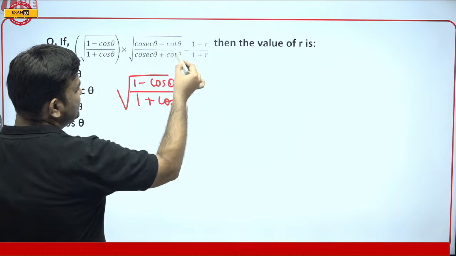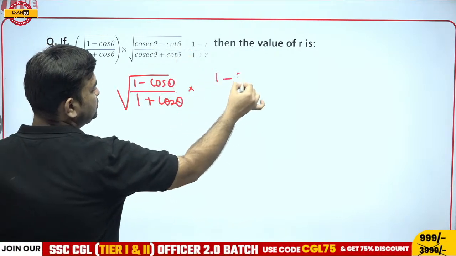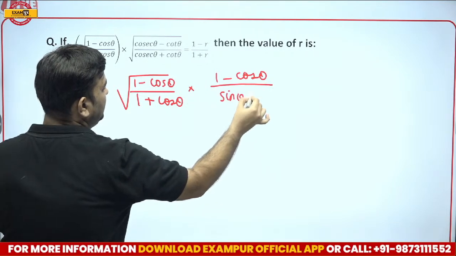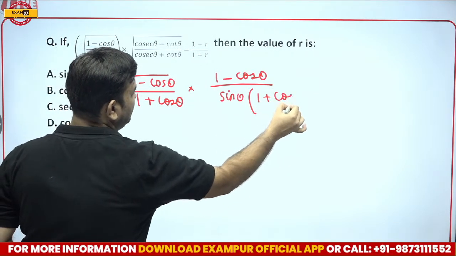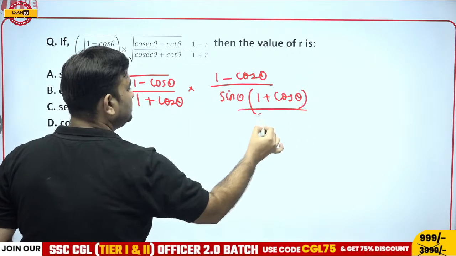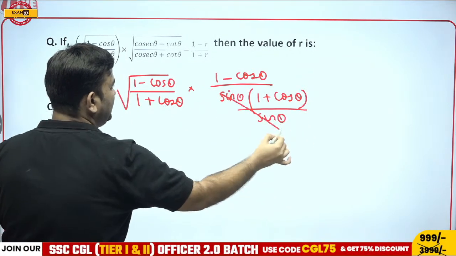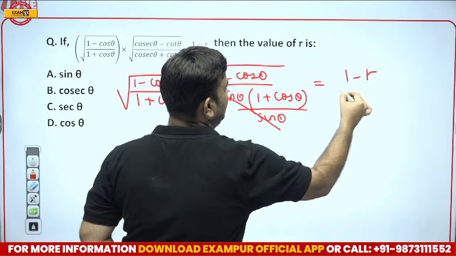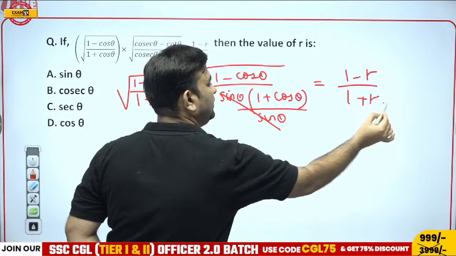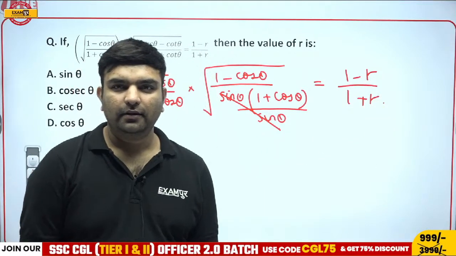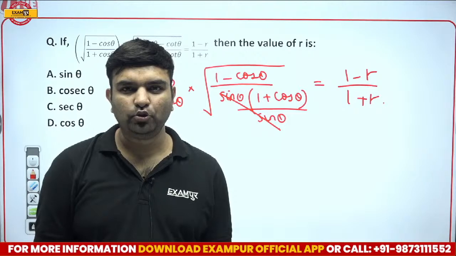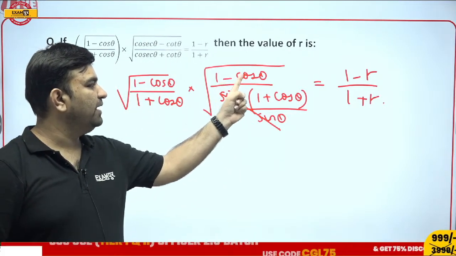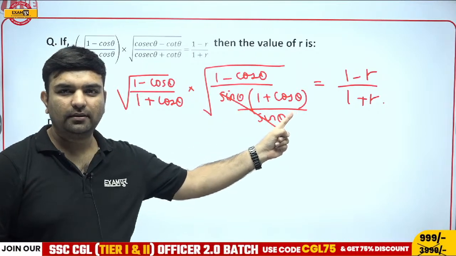Cosec is 1 upon sine. This is cos upon sine. So 1 minus cos over sine. Here it is 1 plus cos over sine. So sine gets cancelled out. Can I say it is the same thing multiplied twice? 1 minus cos upon 1 plus cos multiplied by 1 minus cos upon 1 plus cos.